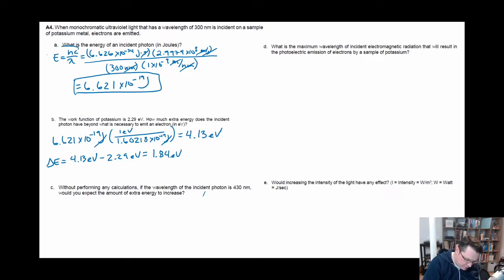Going back to the equation E equals hc over lambda, the larger lambda is, because you're dividing by it, the smaller E is, whereas h and c are constants, and the smaller lambda is, the larger E becomes. So in that case, it will decrease in energy.